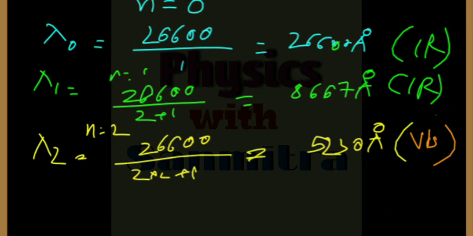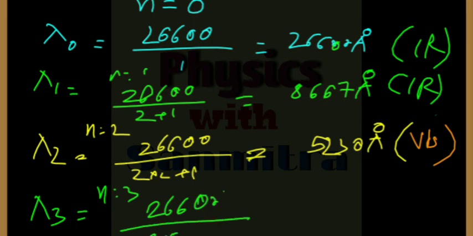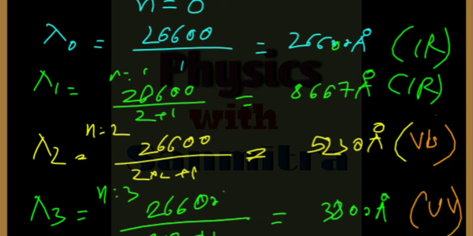This is the visible region, and the last one, n is equal to 3: 26600 divided by 2 into 3 plus 1, that comes out to be 3800 Armstrong almost, and this 3800 Armstrong is less than 4000, so it goes to ultraviolet, that is UV.